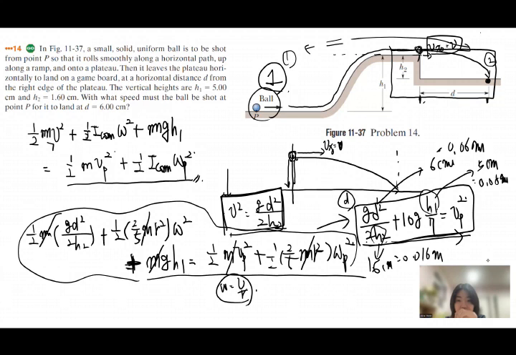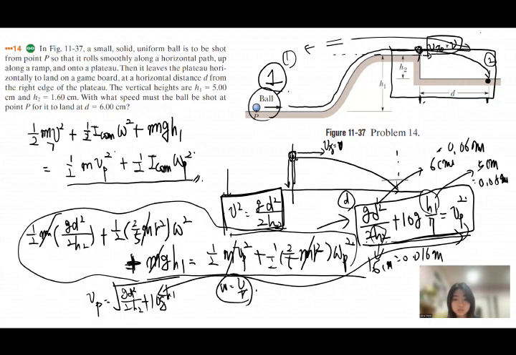So take a square root of that, then that leads to the number. So v p should be the square root of everything on this left hand side. That should be g d squared over 2h2 plus 10 g h1 over 7, which is approximately 1.34 meter per second.